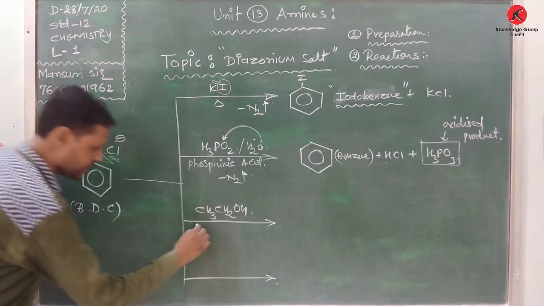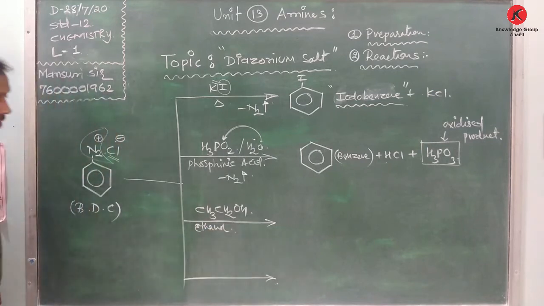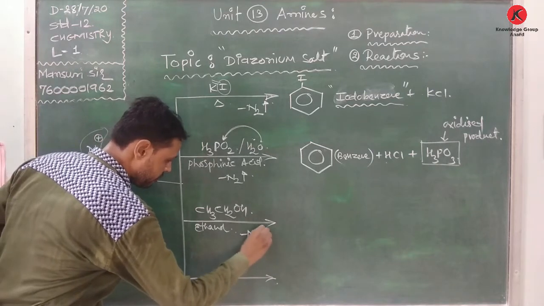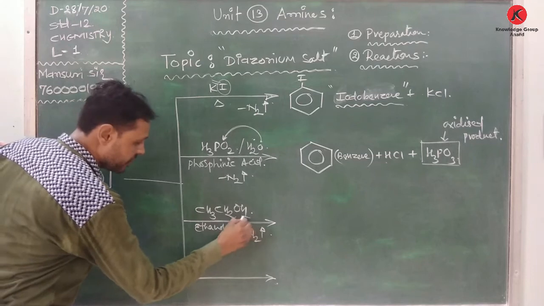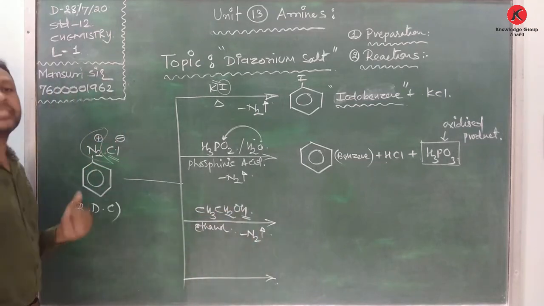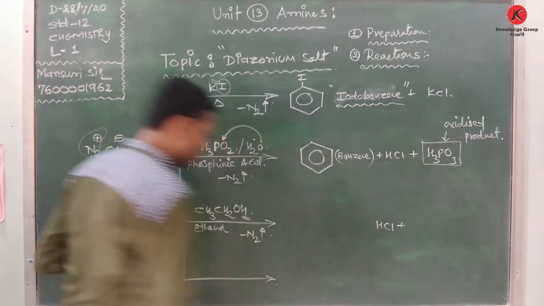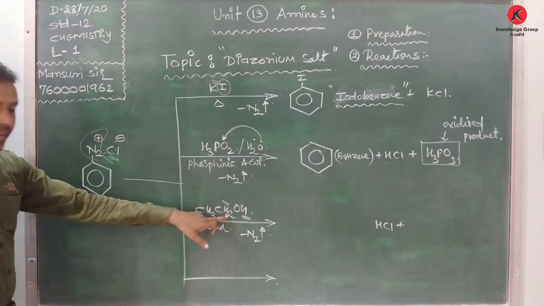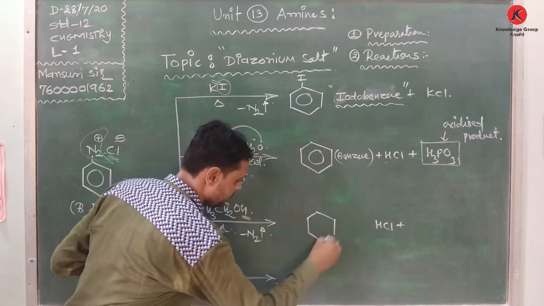Then here ethanol is to be taken, then what will form? Here we discuss. First of all, N2 will be removed. Thereafter, 1H will be removed with HCl. So, HCl will be removed. Now, 1H will go toward the ring. That is why benzene will be formed.